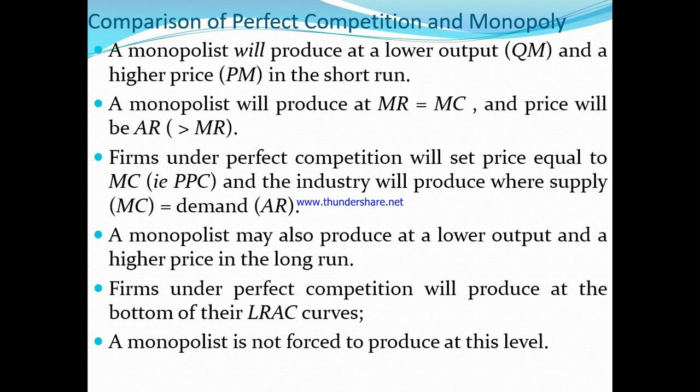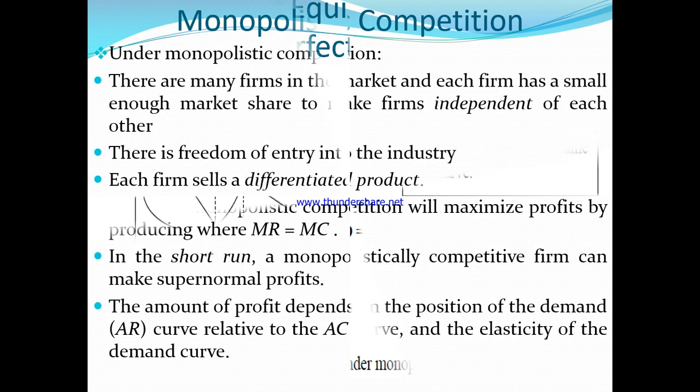Under perfect competition, because you're a price taker, you are forced to produce whatever the level of output is and sell it at a price determined by the market. But under monopoly, you are able to produce this small amount and sell it at a higher price, because consumers have no choice but to buy at that higher price.